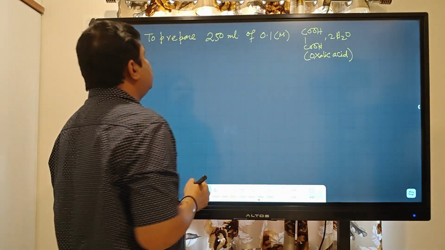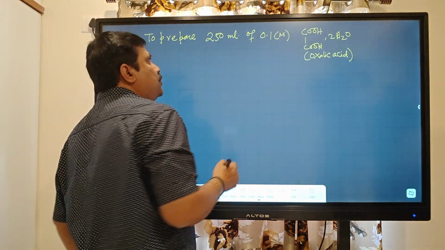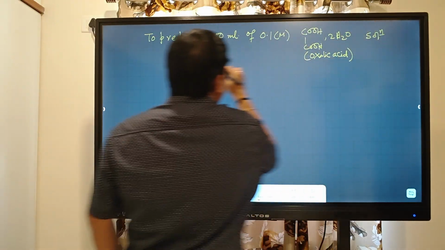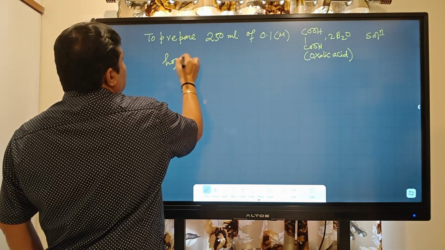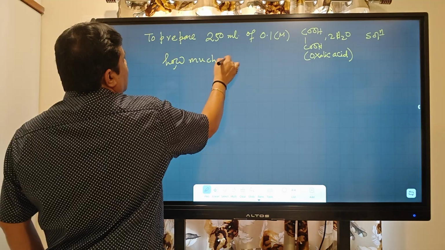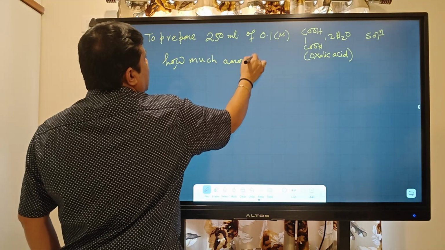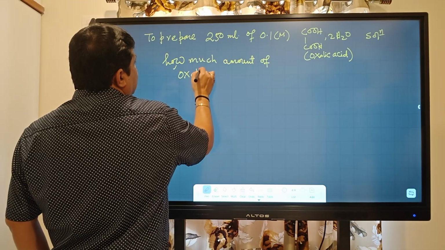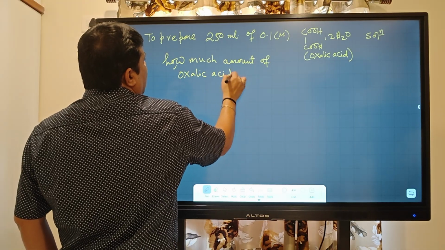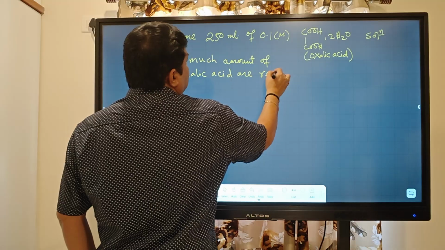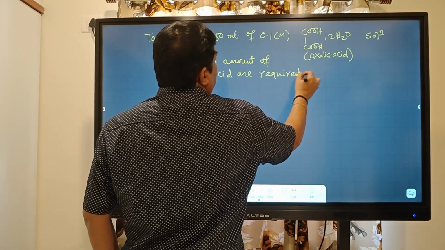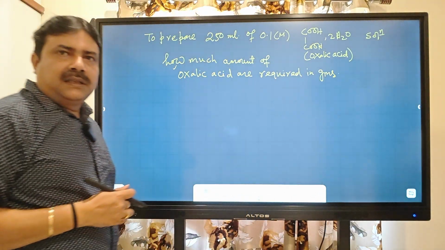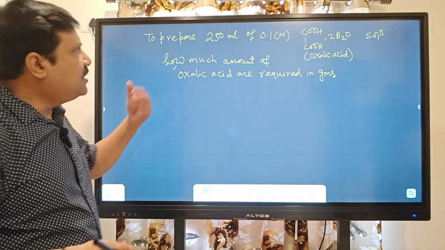To prepare 250 ml of 0.1 molar oxalic acid solution, how much oxalic acid is required, in grams? Is it clear?